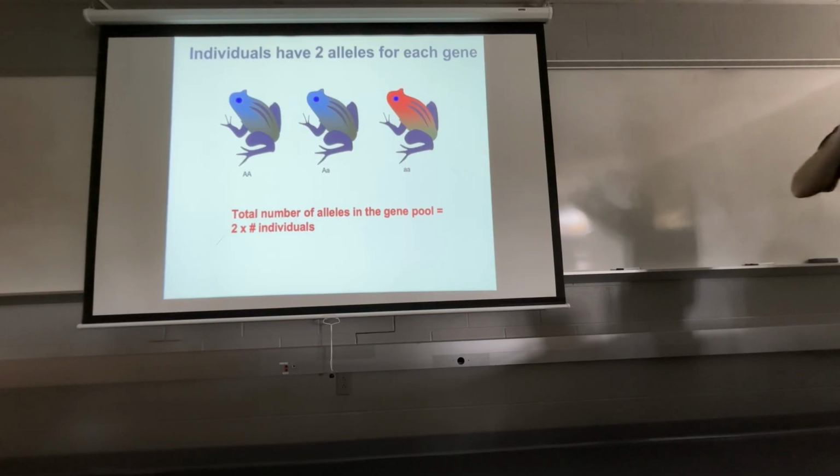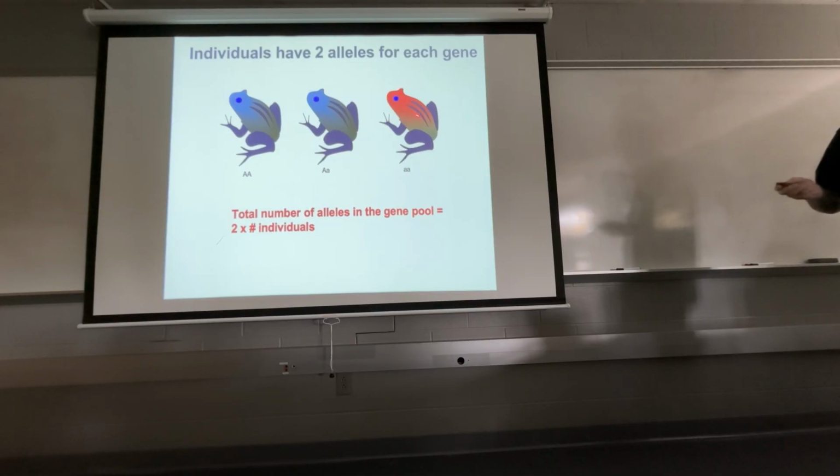Because there are 2 copies. It's diploid. If it were triploid, we'd do times 3, right? But we're only going to do diploids. So to get the number of alleles in the gene pool of your population of 15 frogs, we'd multiply this by 2. So how many alleles are in our population altogether, if we have 15 frogs? 30, right? We have 30 alleles for color, either red or blue.